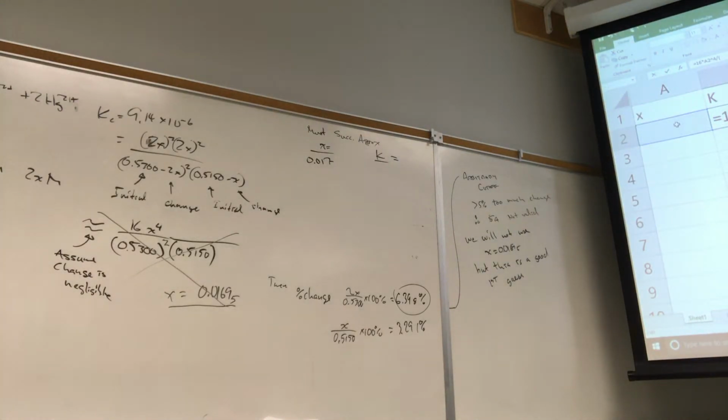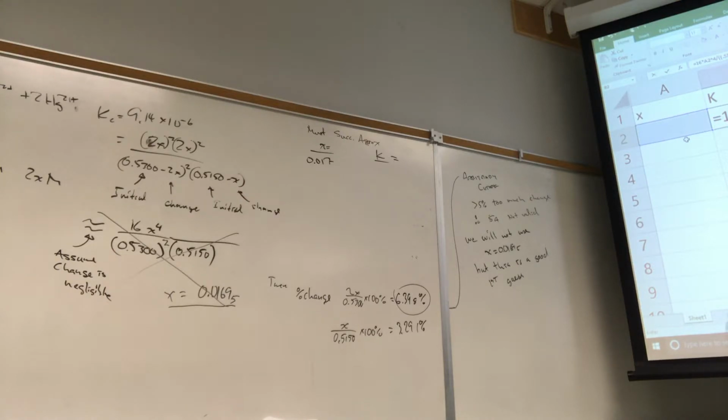Oops. And so now we're good here. I'm going to go 0.53 minus 2 times x, which would be cell A2 here. Then close the parentheses, times, then parentheses 0.515 minus x.